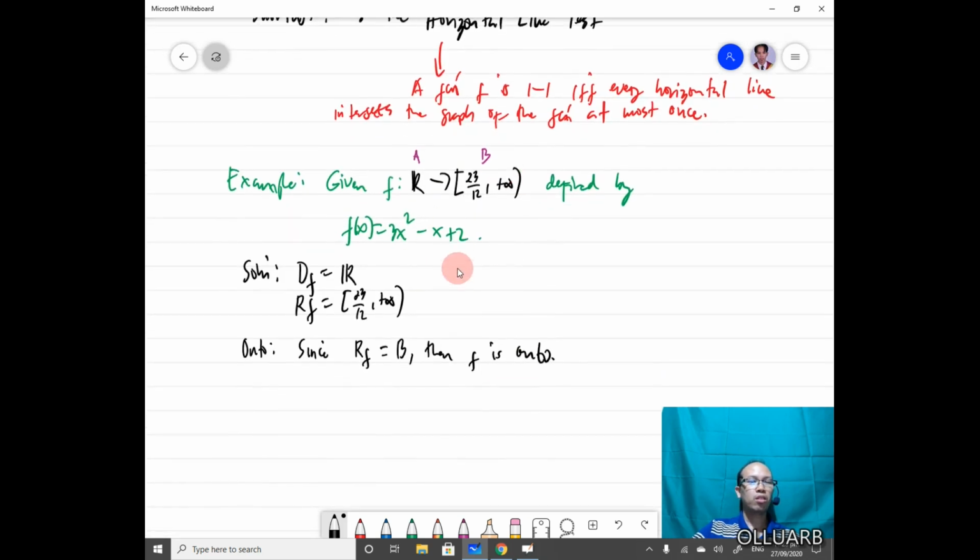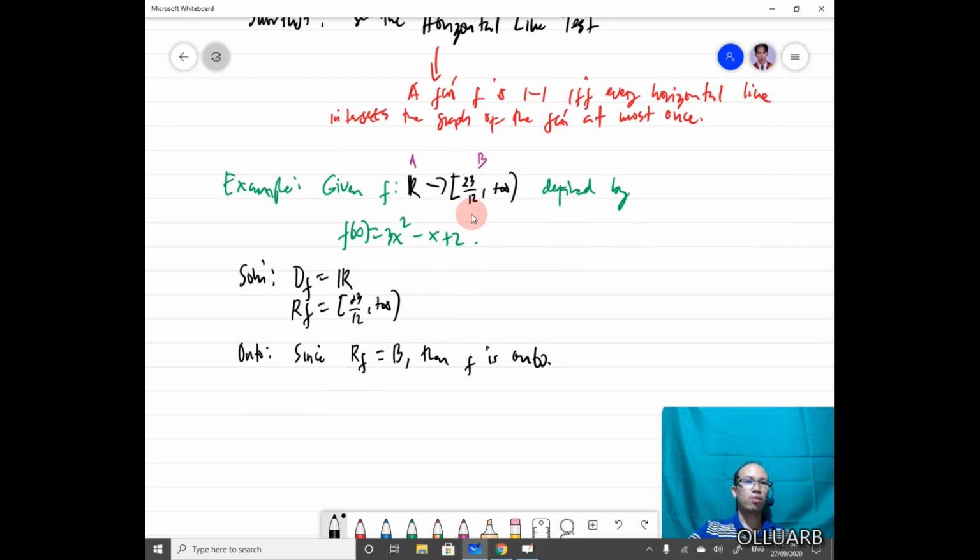So be careful with the given. There must be something like this in the given to know the codomain of the equation.